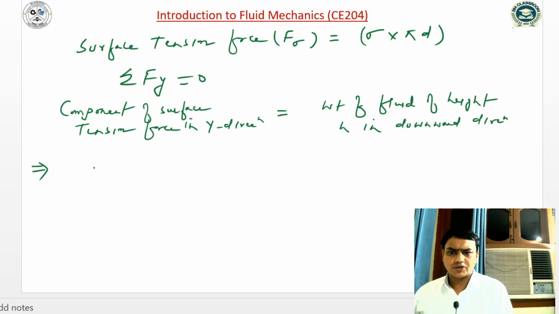So what is the component of surface tension? Sigma into pi into d into cos theta is equal to the weight.